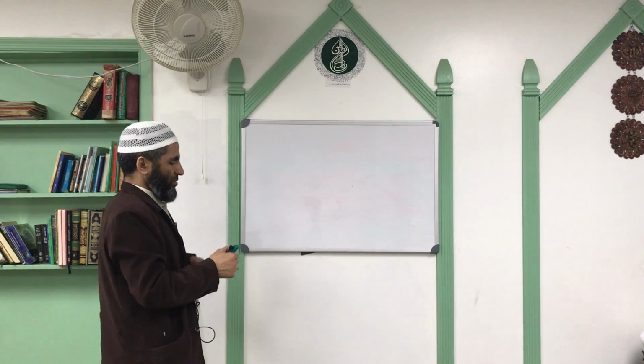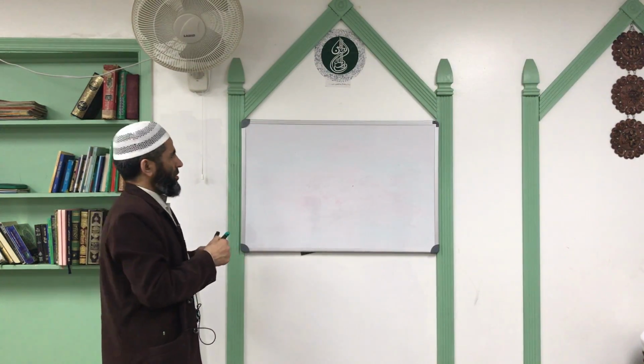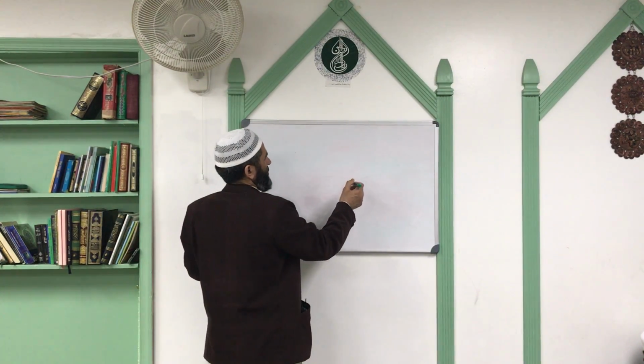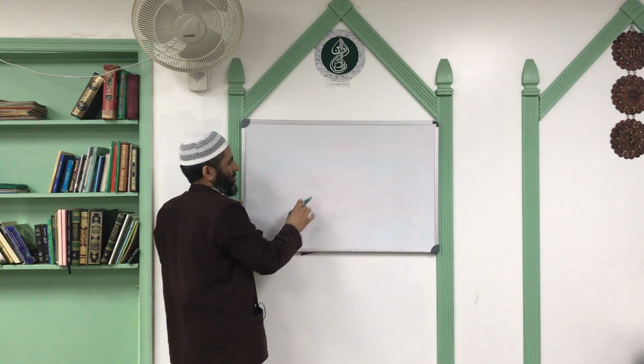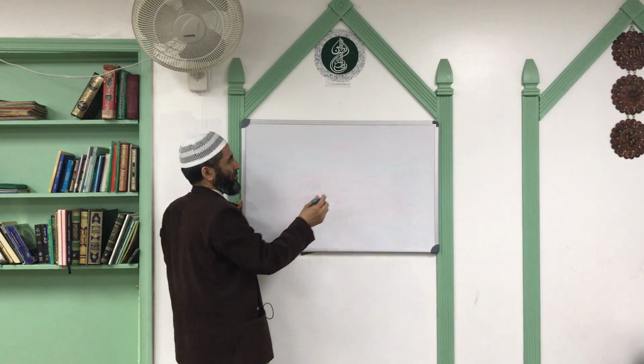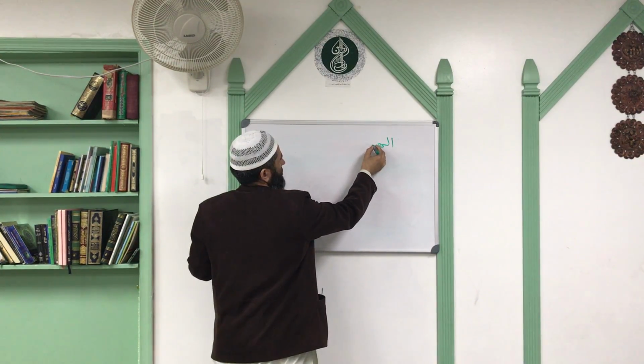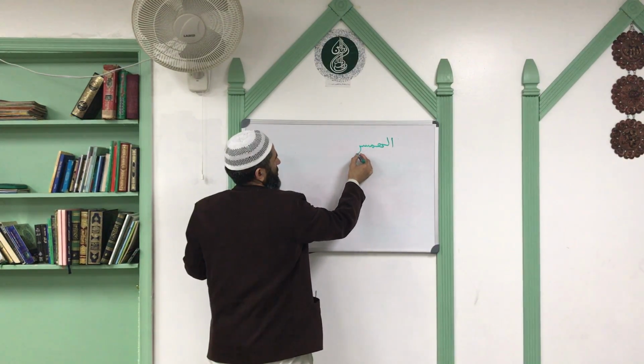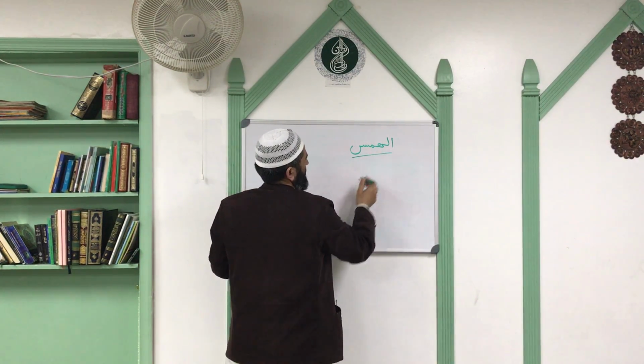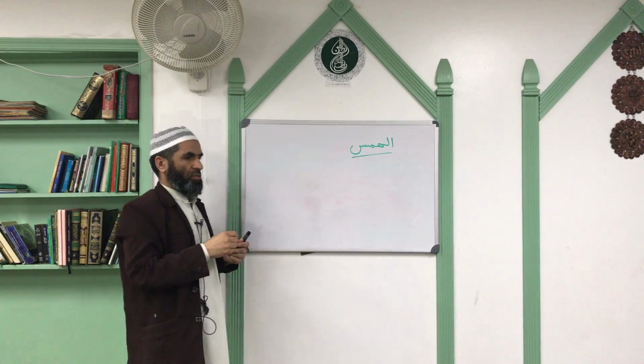Now, there are a few letters in Arabic that have a special characteristic, a special sifa, and that sifa is called al-hams. Al-hams is one of the Sifaat, one of the characteristics.